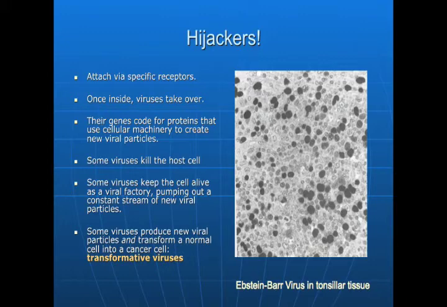Sometimes they will kill the cell so that they can infect the neighbors. This is what happens with the influenza viruses. And sometimes they can do both. They can stay inside the cell and turn it into a viral factory, and also insinuate themselves and trip transformational changes inside the host cell.